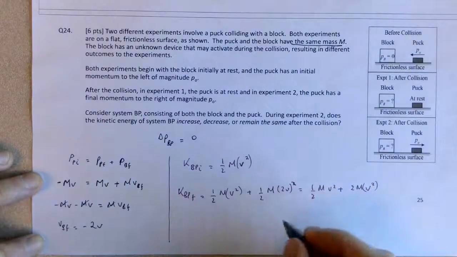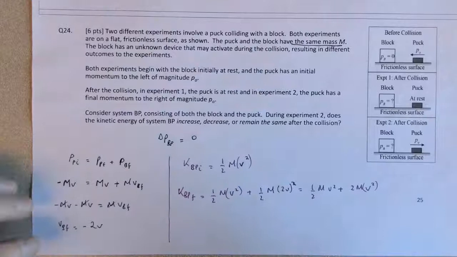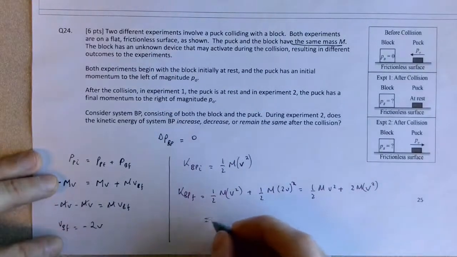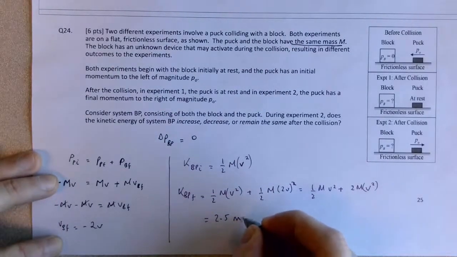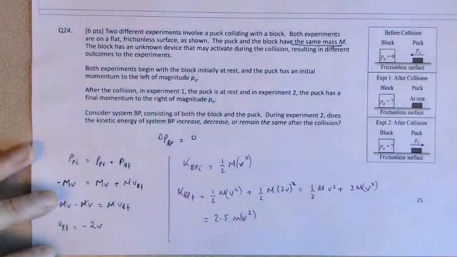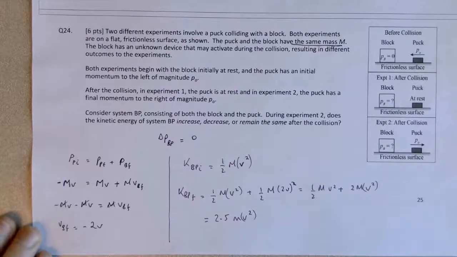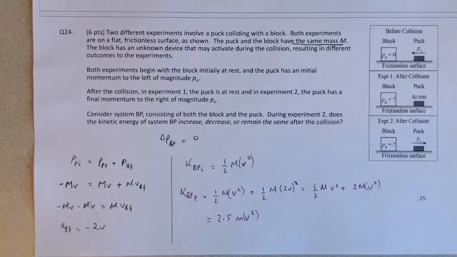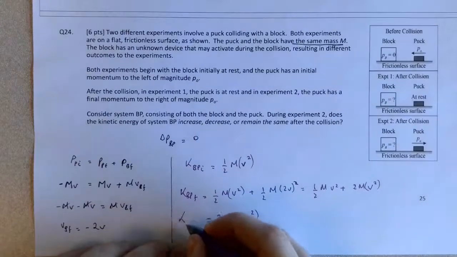So we end up with 2.5 mv squared. So we definitely have an increase in kinetic energy. The kinetic energy of the system is definitely larger after the collision than it was initially.